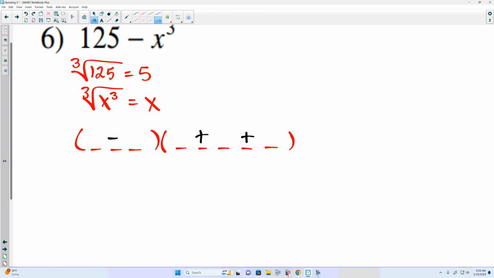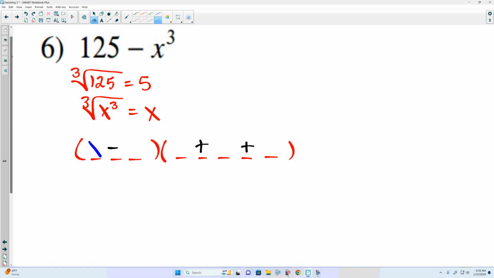So we're going to put our first term in first, right? So it would be 5. Because, and I did that on purpose, our first term was our 125, which cubed root is 5. So our first term in this case would be 5, because they are flipped.